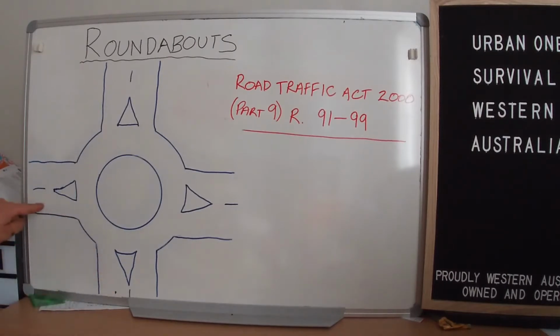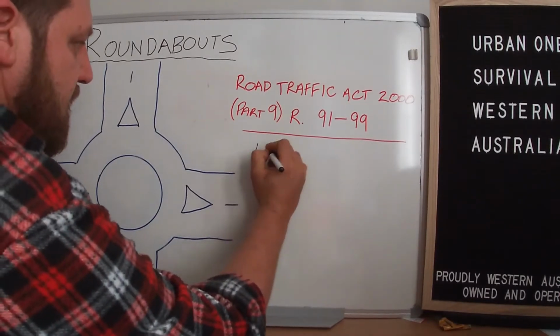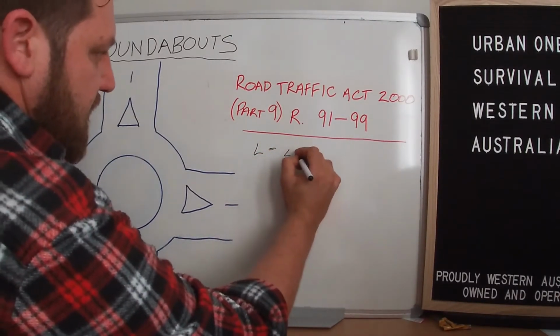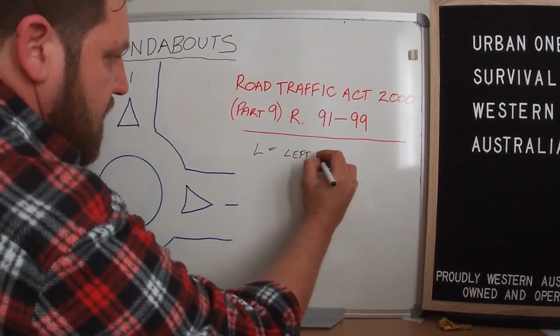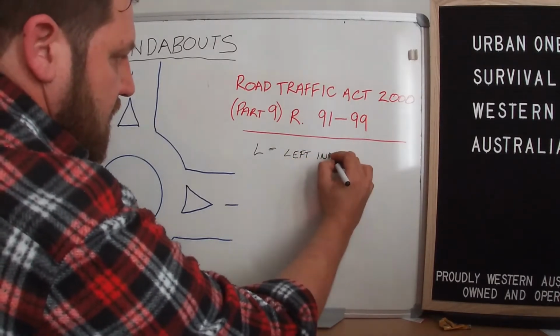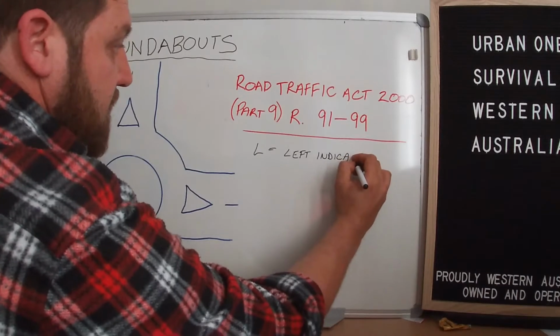When you're turning left through a roundabout, you need to have your left indicator on before you hit the roundabout, and when you pass roughly the little triangular median strip, that's when you can turn your indicator off. So when you're turning left, you have left indicator. Pretty self-explanatory.